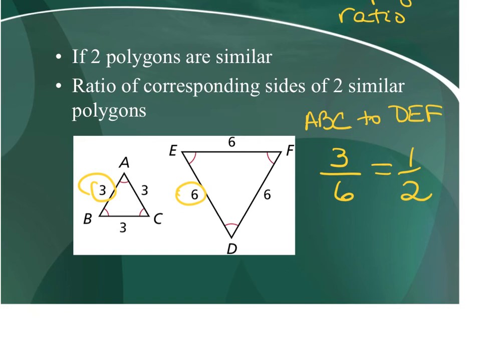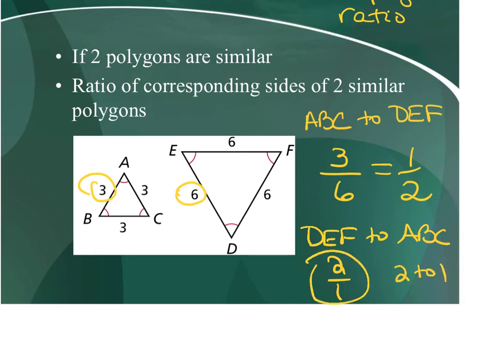Now, if I change the letters up, and I said from DEF to ABC, then you need to write it as 2 to 1. Okay, but again, we're going to be working with these as fractions. So pay attention to the order of the letters and always reduce the ratio.